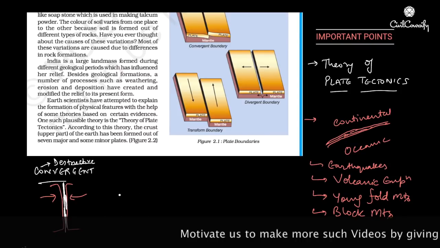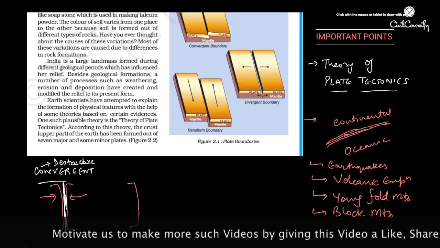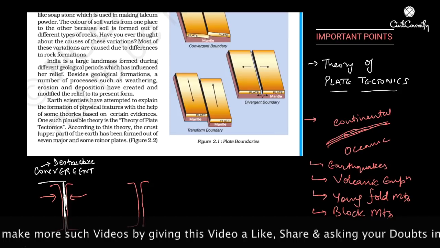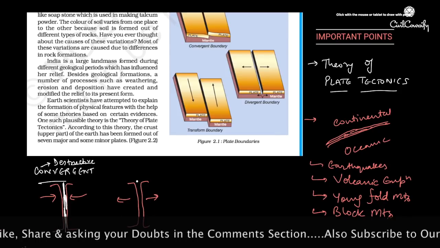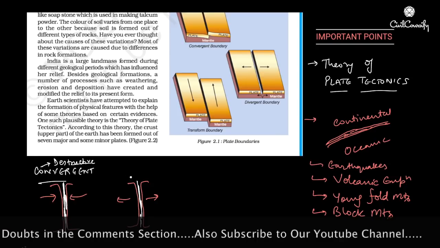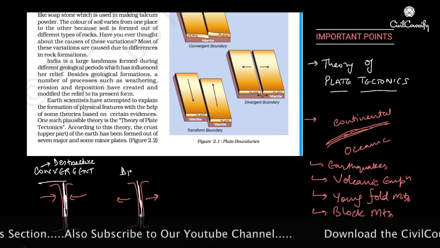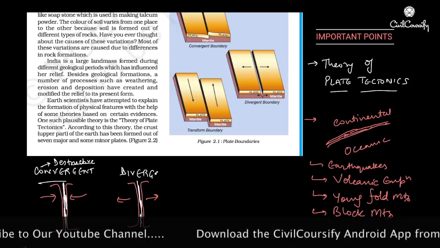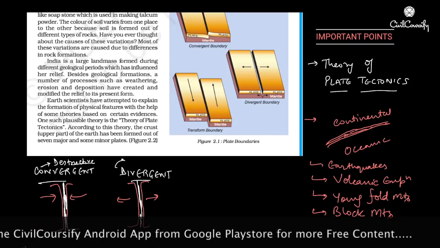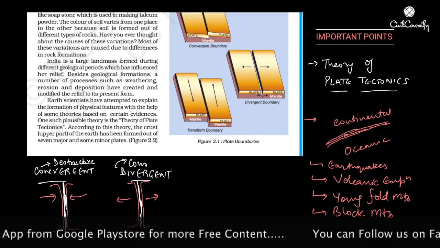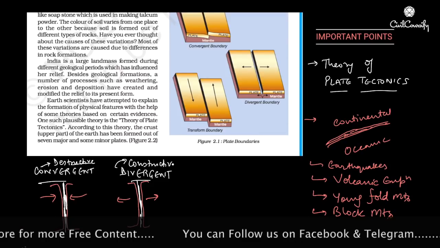Right. The next one is when two plates move away from each other. Now, in this case, we'll call them divergent plates. Divergent boundaries or divergent plates are also known as constructive boundaries and constructive plates.